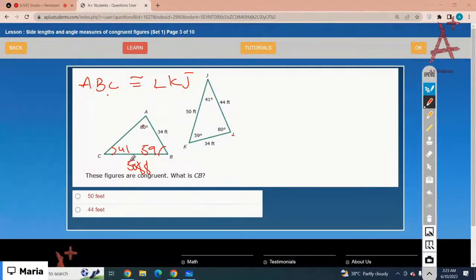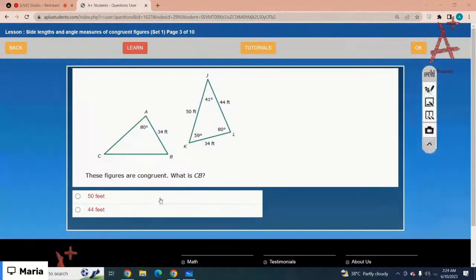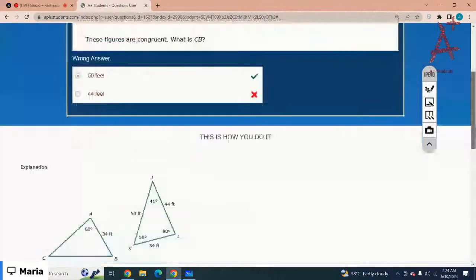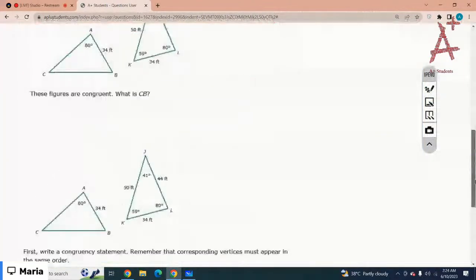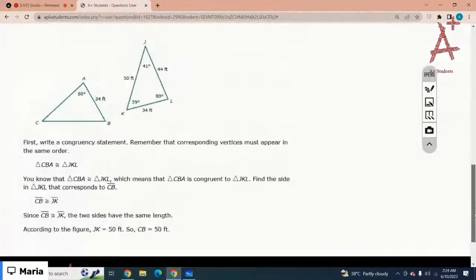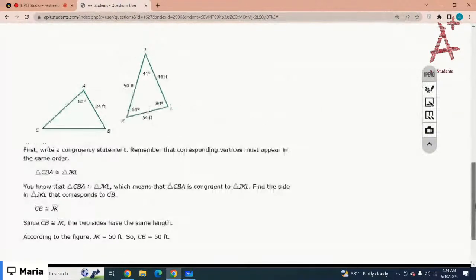ABC, L, K, J. It would be 44. That one is 50. Got it? So the correct option is 44 feet. Okay, CB is corresponding to JK. Okay, that would be 50. The one I did earlier is the correct one.